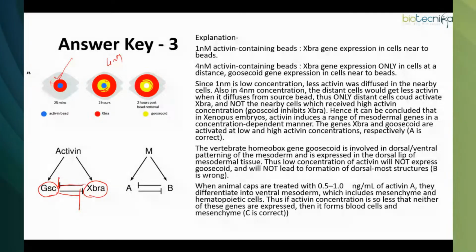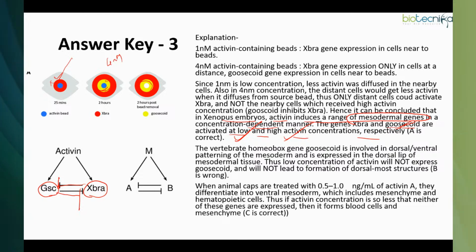Okay. Hence, it can be concluded that in Xenopus embryo, activin induces a range of mesodermal cells in a concentration dependent manner. The genes XBRA and goosecoid are activated at low and high concentrations respectively. That means XBRA will be activated by activin at low concentration, and goosecoid will be activated by activin at high concentration.